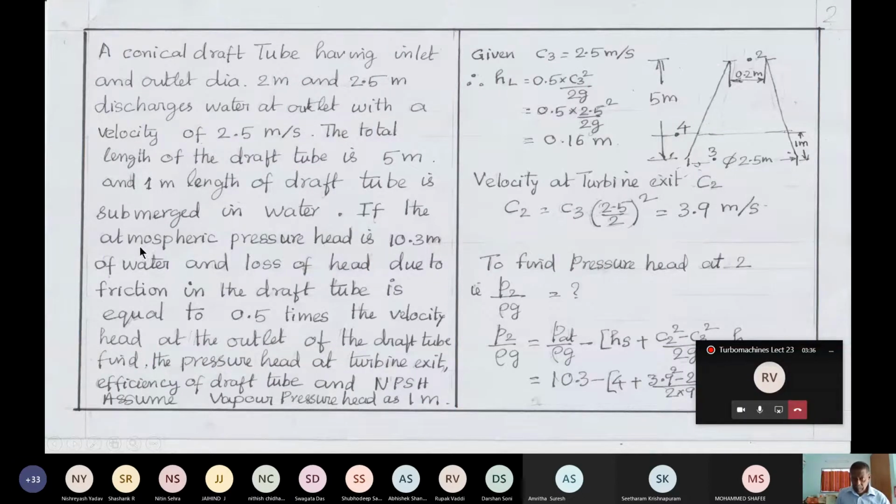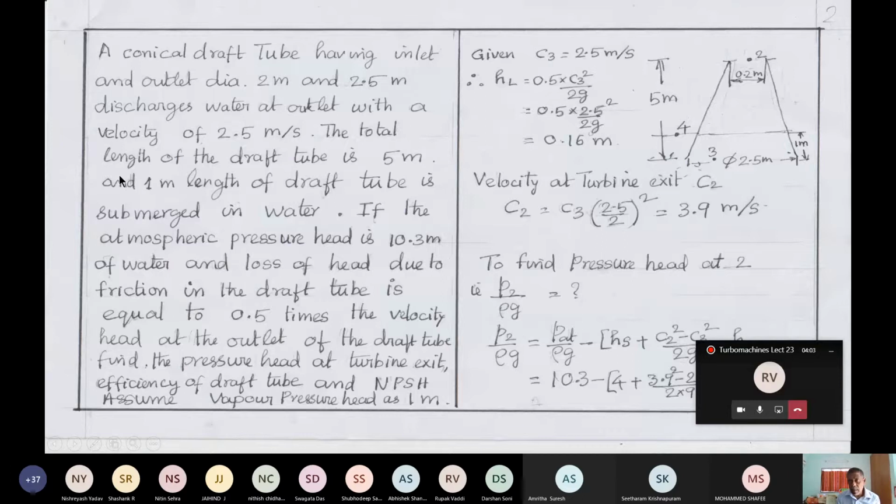If the atmospheric pressure head is 10.3 meters of water and loss of head due to friction in the draft tube is equal to 0.5 times the velocity head at the outlet of the draft tube, find the pressure head at turbine exit, efficiency of draft tube, and NPSH, net positive suction head. Assume vapor pressure head as 1 meter.